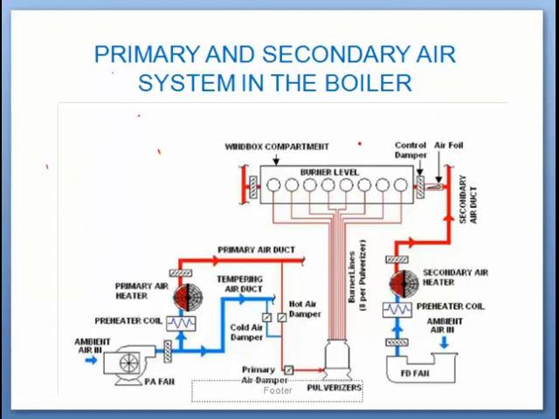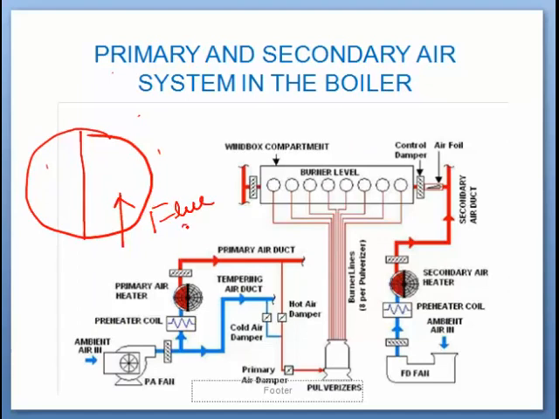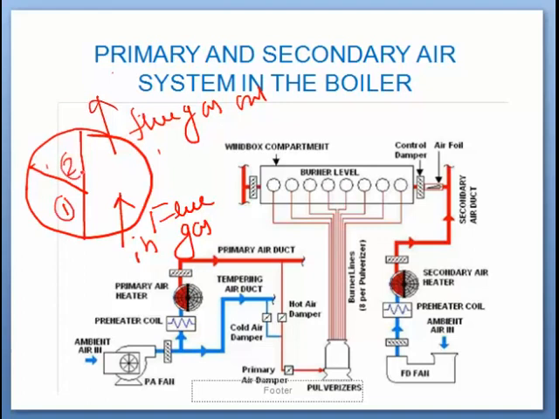This is the construction of the trisector air preheater. There will be a single air preheater where there will be one segment for flue gas in and flue gas out. There are three sections, 1, 2, 3.